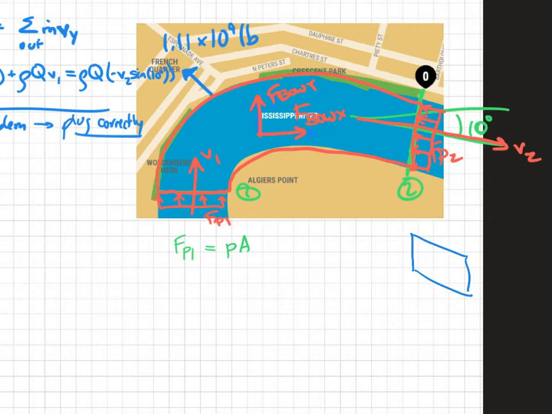This would be Woldenberg Park, and this would be Algiers Point, and the river is flowing through this, actually to the north. Right up here, the velocity is 0, but at the bed, the velocity is really high because it's deep. So it's got a pressure prism.